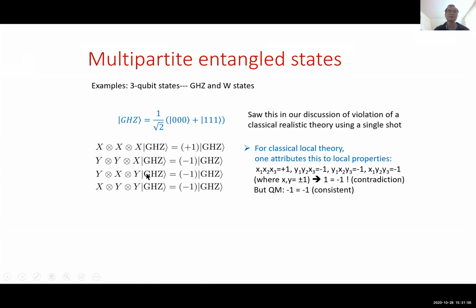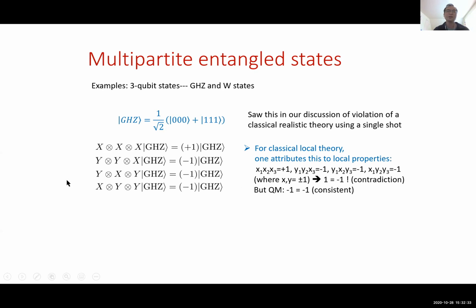So this means that if you want to attribute using classical theory that these GHZ states already possess some property x1, x2, y1, y2, etc., they need to satisfy this relation, right? According to this rule, the product of x should be 1 and y1, y2, y3 should be minus 1, etc. If you multiply these four equations, you actually get a contradiction, 1 equal to minus 1.